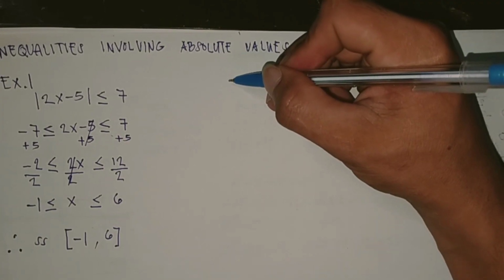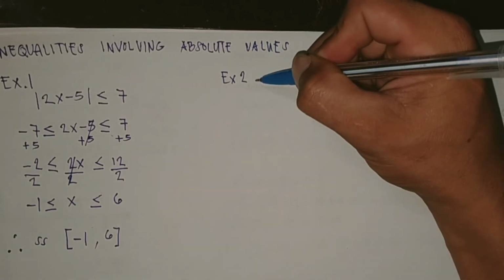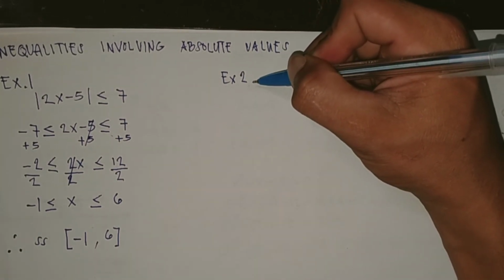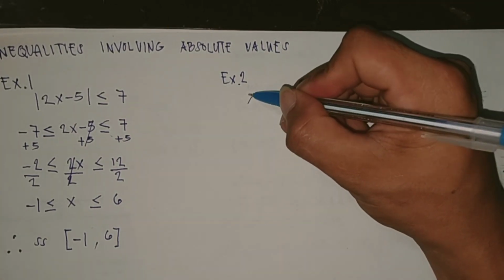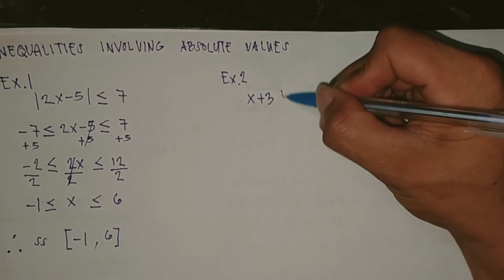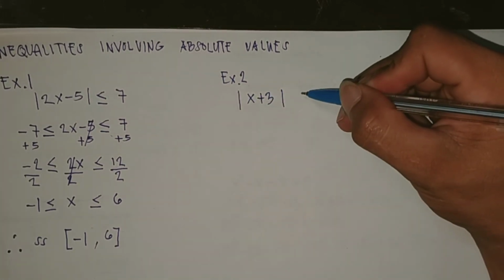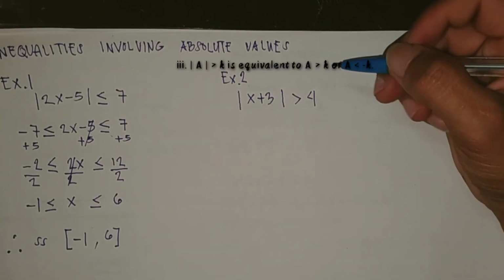Let's have another example. We have absolute value of x plus 3 greater than 4. Let's use the third theorem.